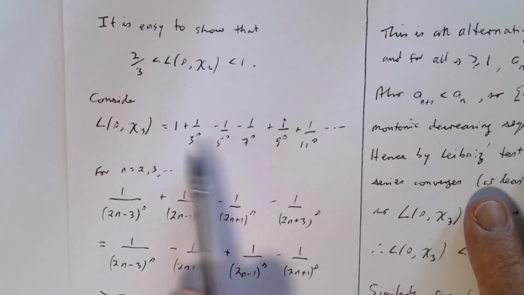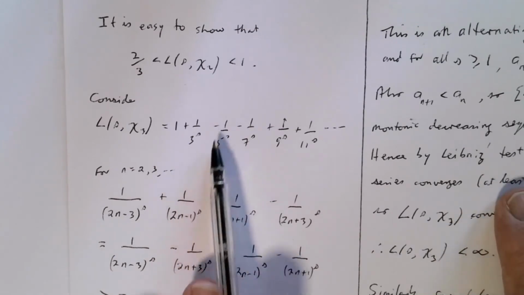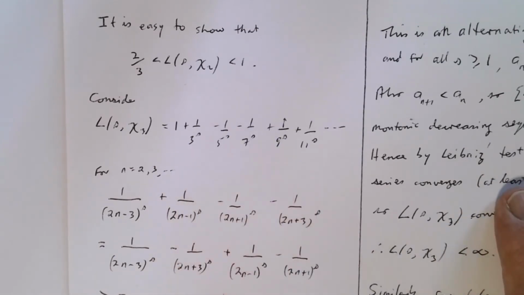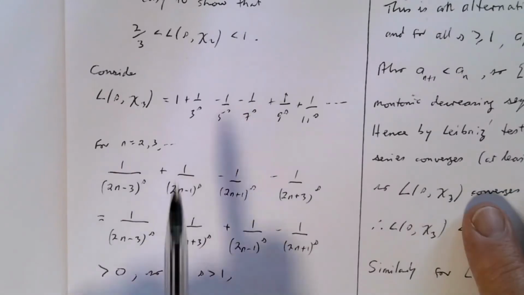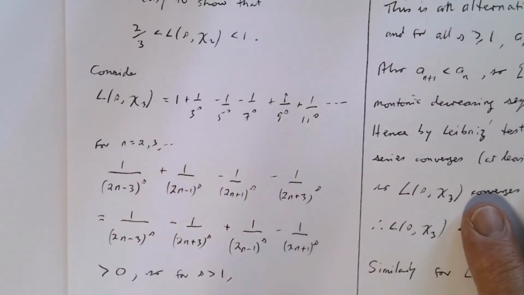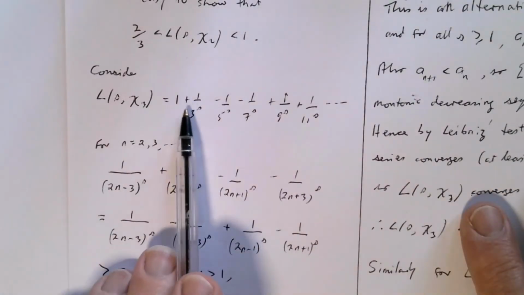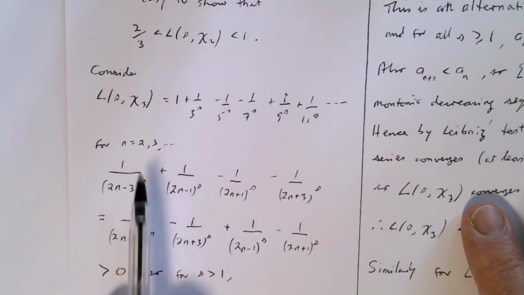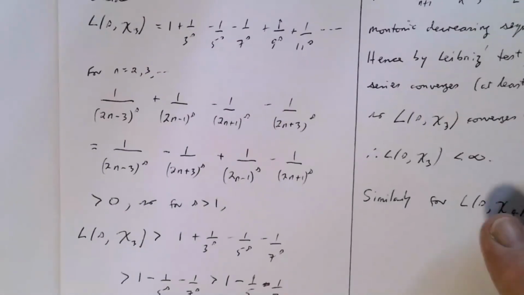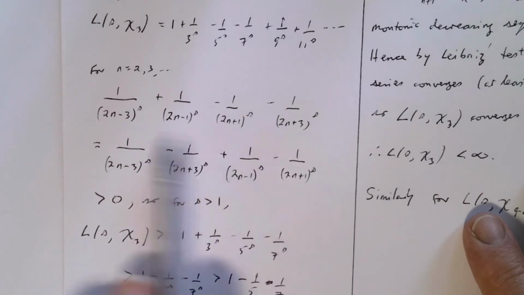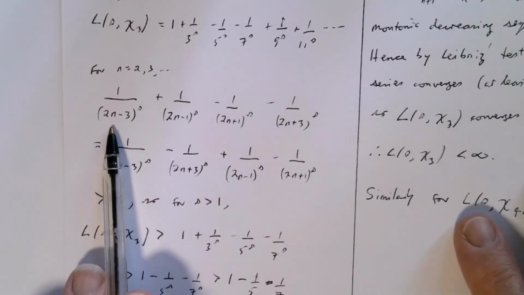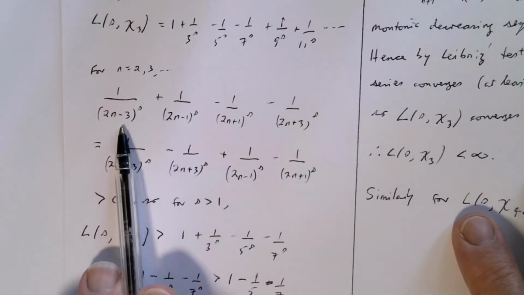It's 1 plus 1 on 3 to the s minus minus plus plus. So the signs are not alternating. They're going in a regular pattern, but not alternating. Now I just observe that for n equals 2, 3, and 4, and so on, this sum here, I'm just mimicking 4 of these terms here.